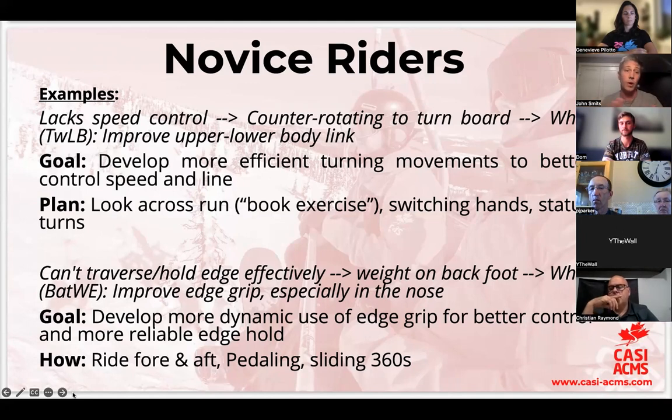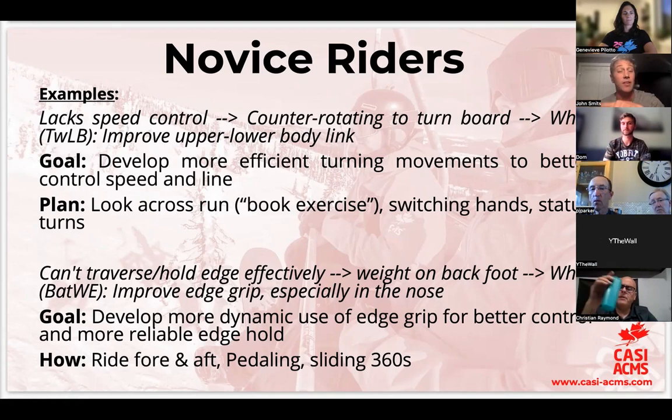So anyway, the final example would be, say they can't really traverse and hold an edge effectively. It looks like maybe they're flexed pretty evenly and they've got good inclination and angulation to create that edge platform, but it's just not really turning for them.